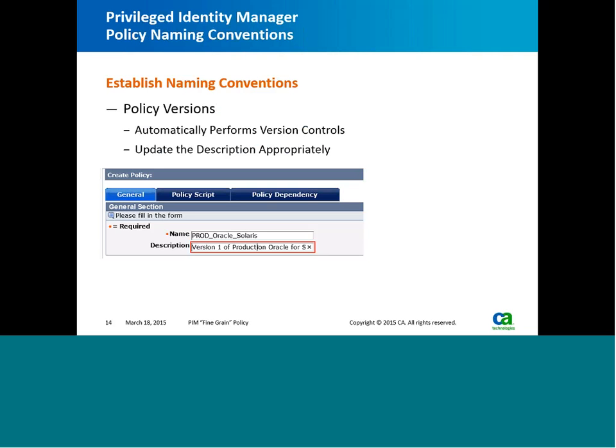So if you notice here on the screen, there's a description field, and I believe that the solution administrators working with this should update the description field appropriately to ensure that everyone understands what that policy is going to be doing. Or if there's a different version, make sure that you note that in the description field. It helps out much later on when you're debugging or trying to understand what this policy does. At least, please update the description field.